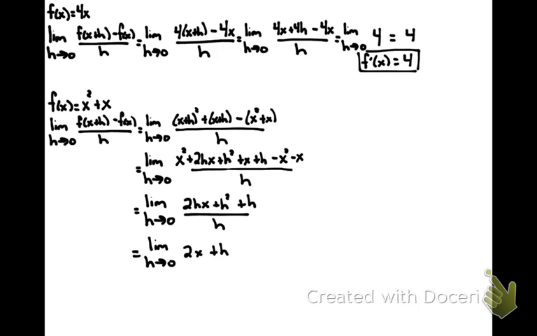And the limit of this when h is 0 can be solved by substitution. We're left with 2x plus 0, which is just 2x. Which means that in this case, f prime of x equals 2x by the definition of the derivative.